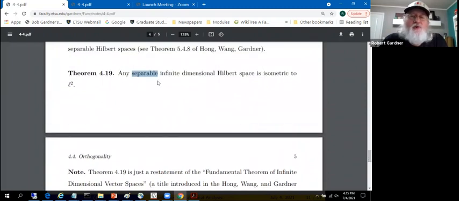So it's the separability that lets you make the transition in such a way that you're guaranteed to get only one infinite dimensional separable Hilbert space, because all such spaces are isomorphic. They're isomorphic to L2 and hence isomorphic to each other. So that's why you like little L2.